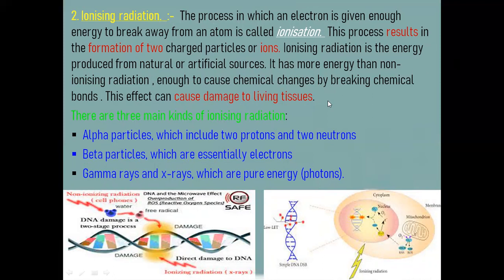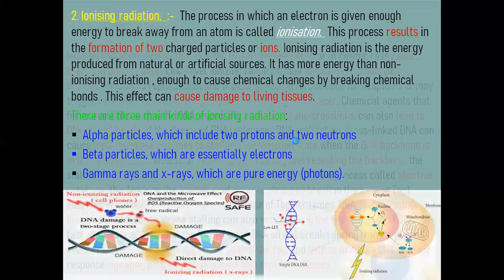This results in damage to living tissues. Ionizing radiations are of main types: alpha particles, beta particles, gamma rays, and X-rays. Alpha particles include protons and neutrons. Beta particles include electrons, whereas gamma and X-rays are pure energy of photons.